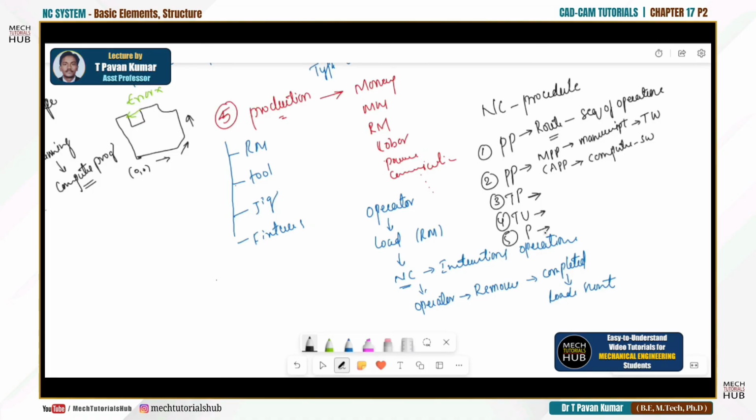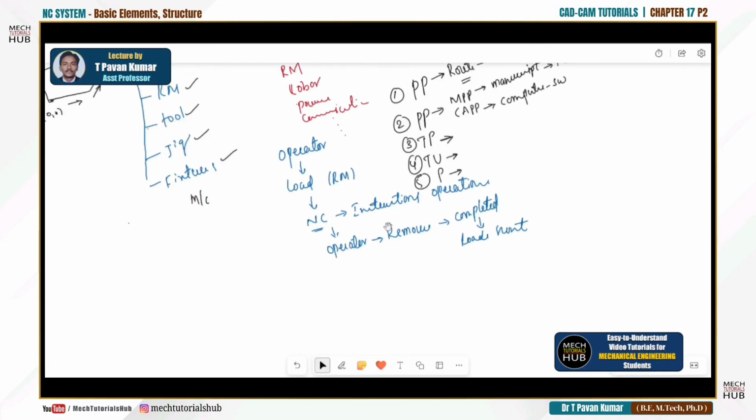Then finally production is performed, and in production we check whether the raw materials are available or not, tools, jigs, fixtures, and required machinery. If something does not exist in the organization, they will try to procure it, then they start the production process. This is all about the complete NC procedure in an NC system.